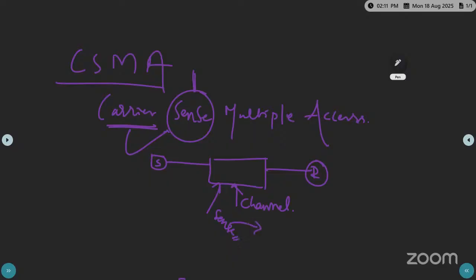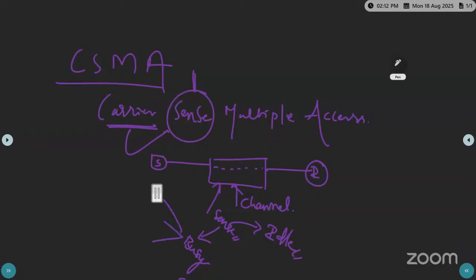If the channel is idle, it indicates I am free, so we need to transmit the data. If the channel is busy, we need to wait.